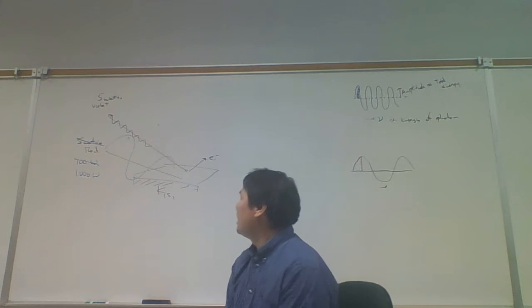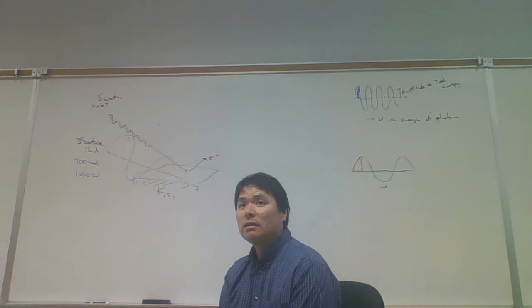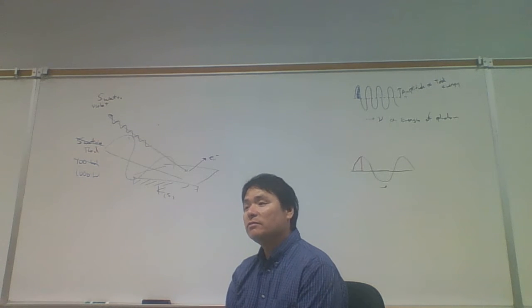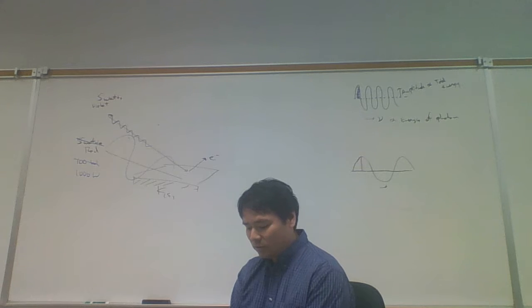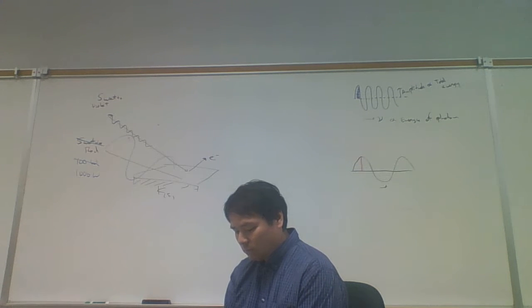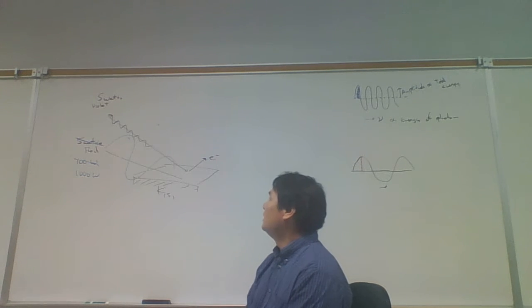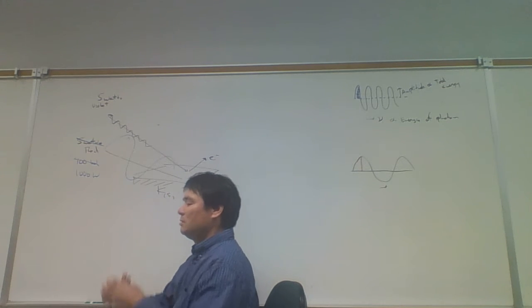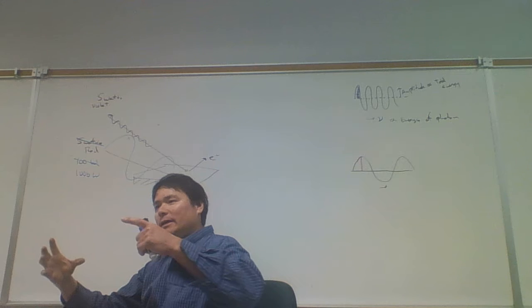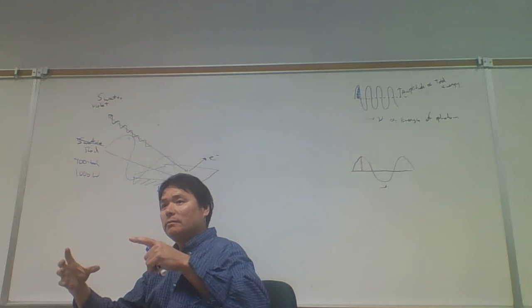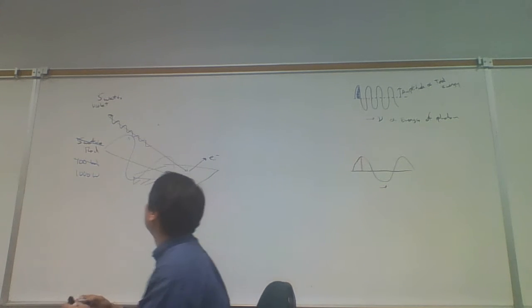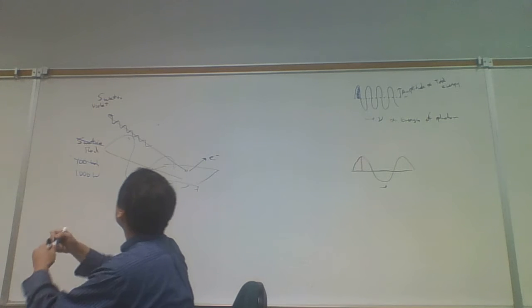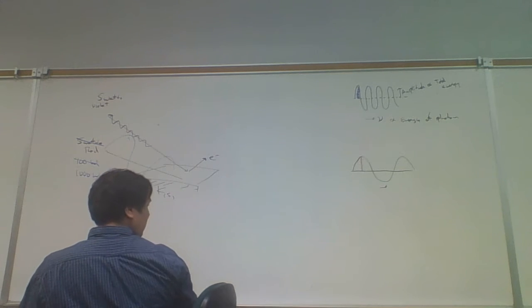But that's the total energy. The other energy I have to look at is the energy of the photon. The energy of the photon is going to be related to frequency or wavelength. And so it turns out, even though I have 5 watts of violet, the photons of violet are big in terms of energy. Photons of violet are big.